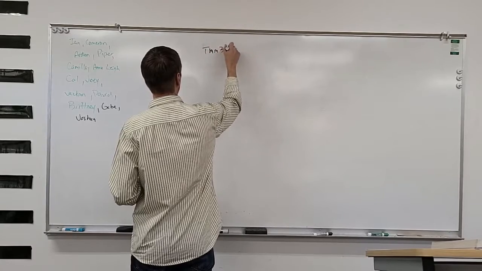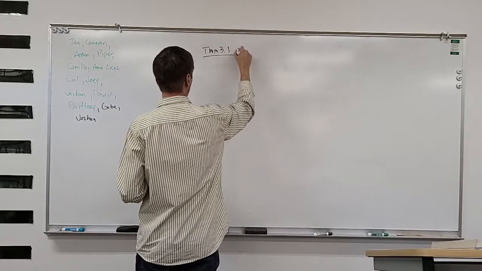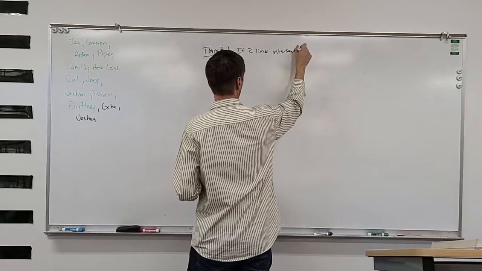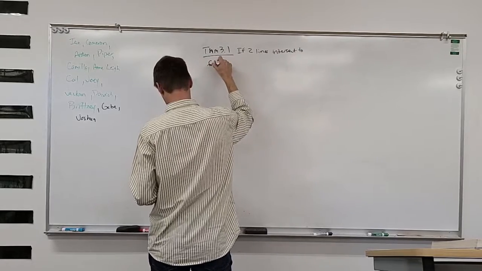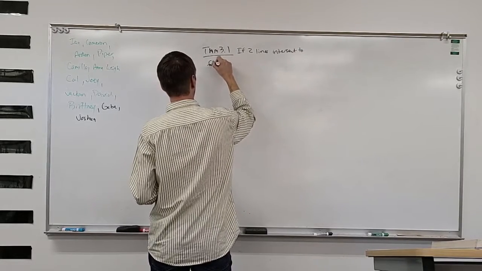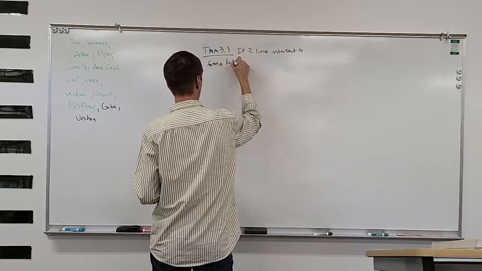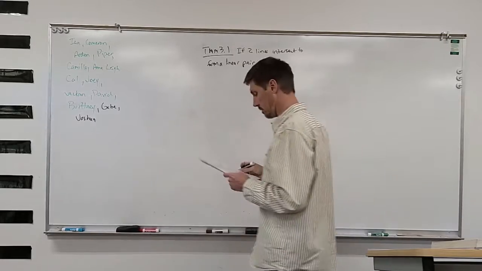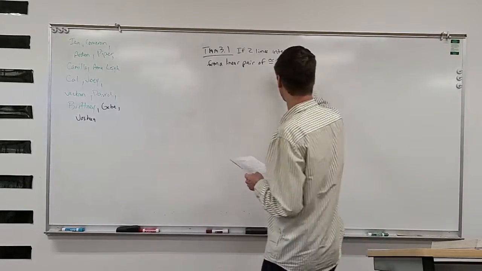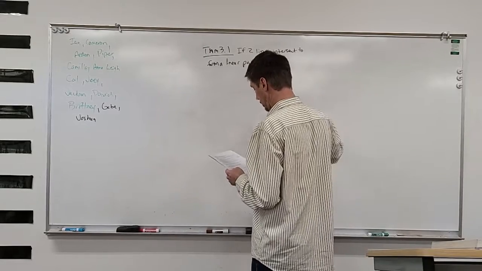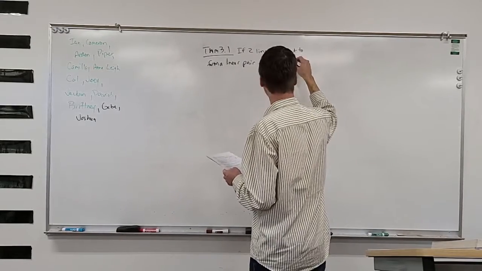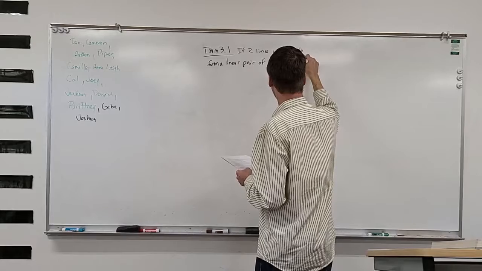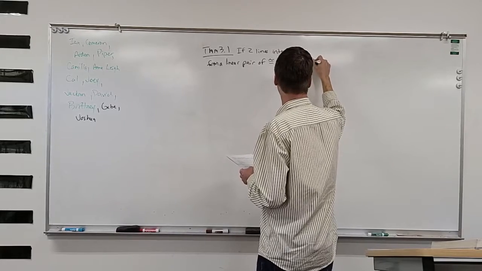If two lines intersect to form a linear pair of congruent angles, I'm going to write congruent like that, and angles like that, just using some shorthand notation so it won't take up as much space. If two lines intersect to form a linear pair of congruent angles, the lines are perpendicular.